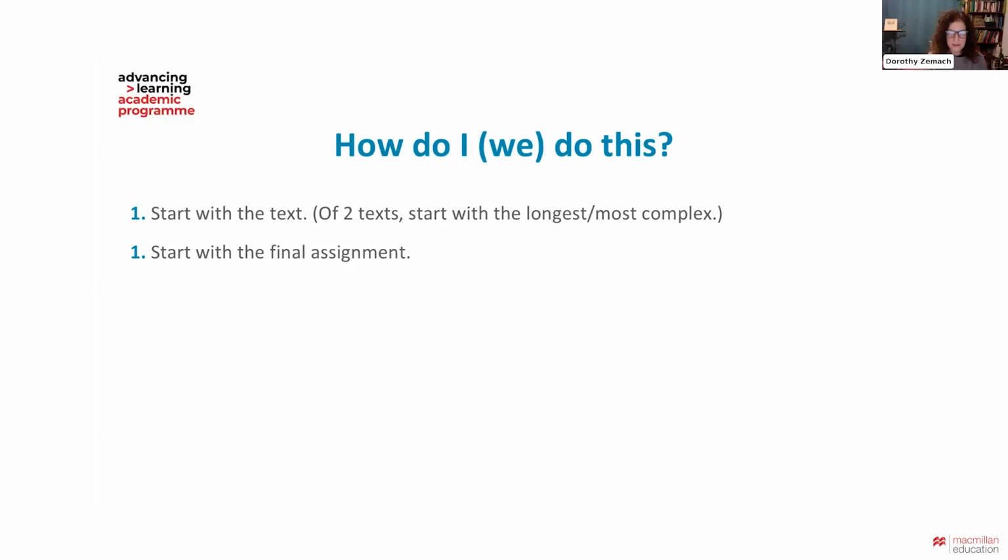The first one is a little bit shorter and easier. The second one is kind of a meatier main text. And then we end with a writing assignment for the students. So I'm aware that second number 1, I'm aware of what I want students to be able to do. But probably the first thing that I sit down to create is that middle reading, is that longer text.